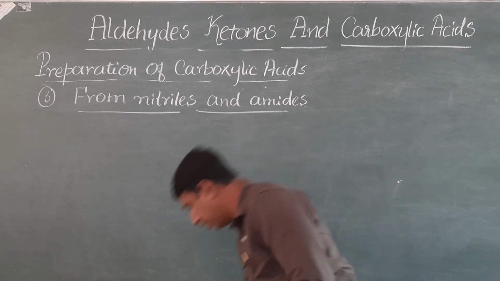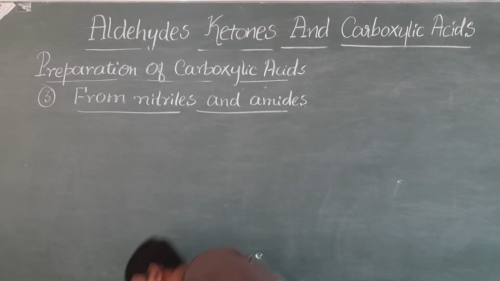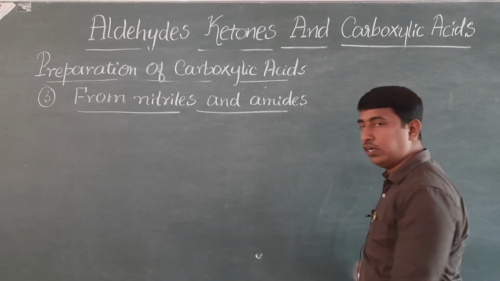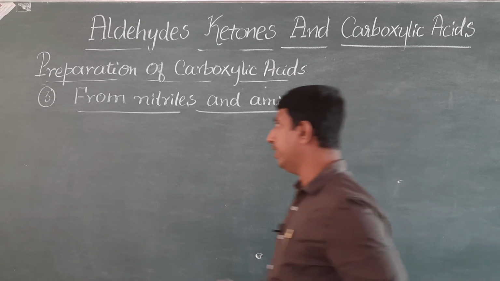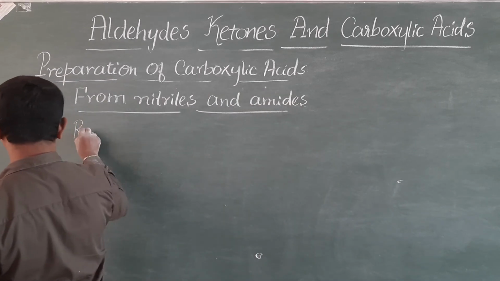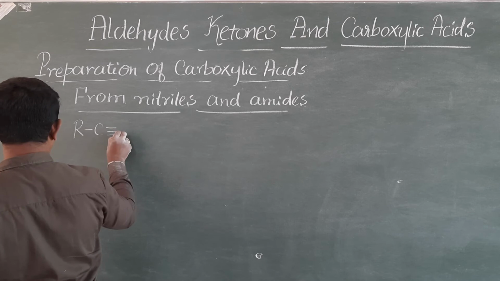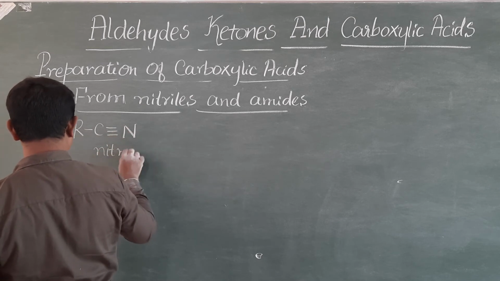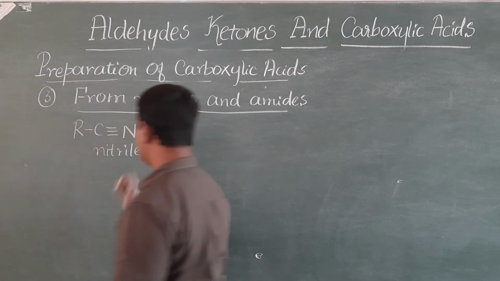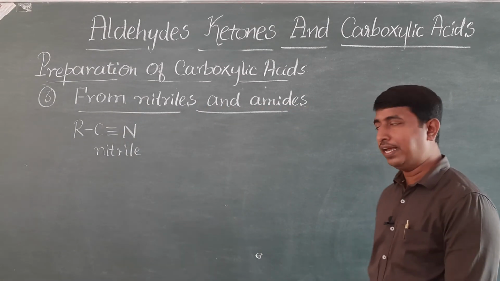See, we know the formula of nitrile. So what are nitriles? Nitriles are the organic compounds which contain the CN functional group, that is R C triple bond N. This is the formula of nitrile, alkane nitrile.